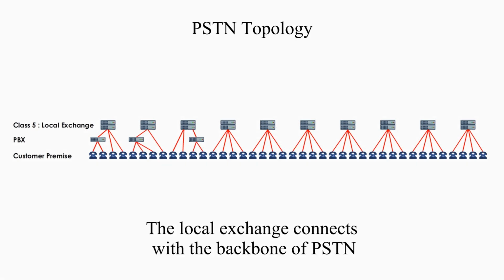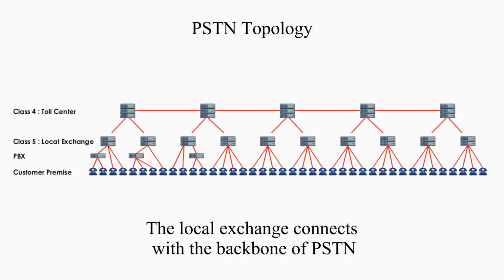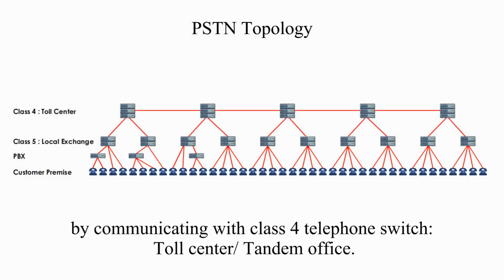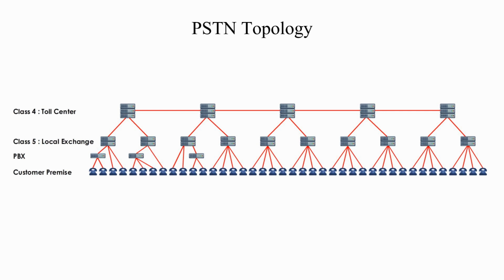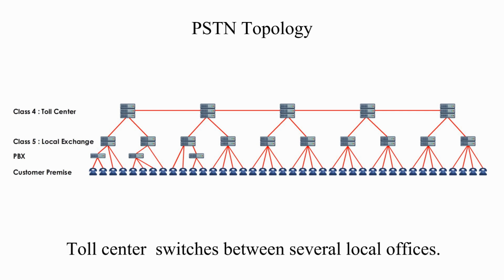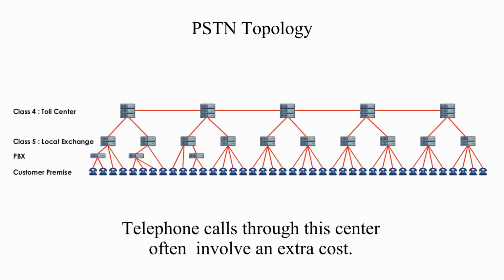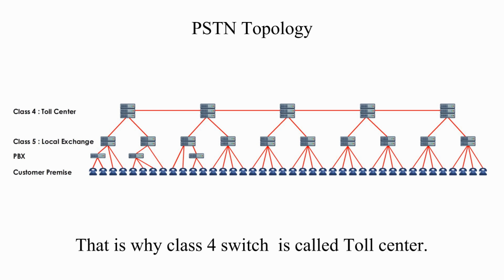The local exchange connects with the backbone of PSTN by communicating with a Class 4 telephone switch, toll center, or tandem office. Toll center switches between several local offices. Telephone calls through this center often involve an extra cost. That's why a Class 4 switch is called a toll center.